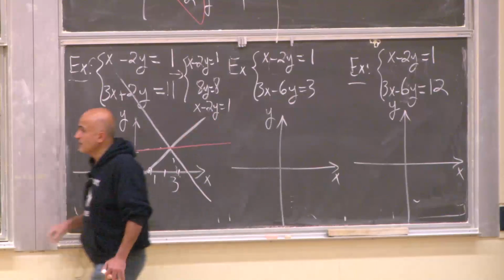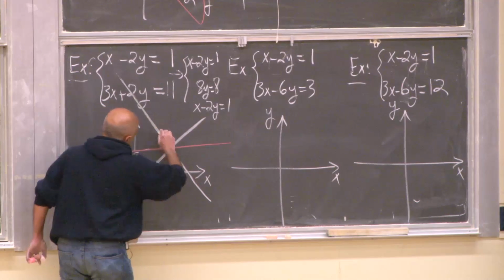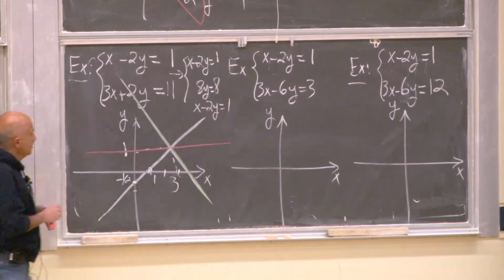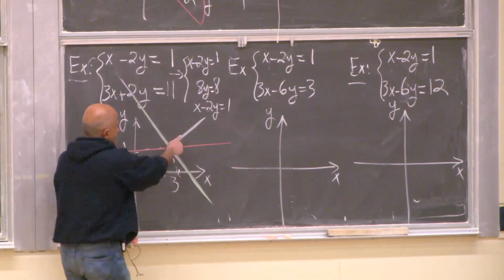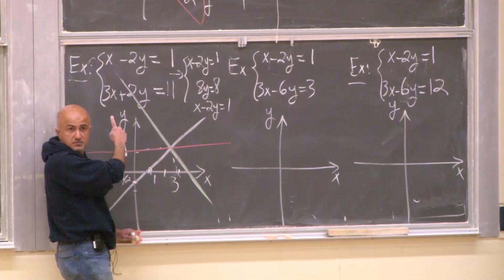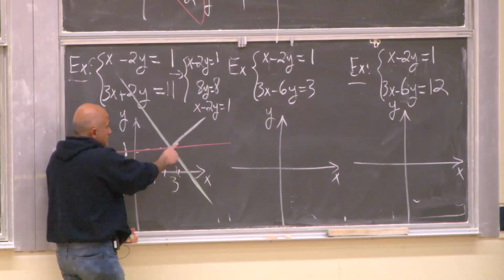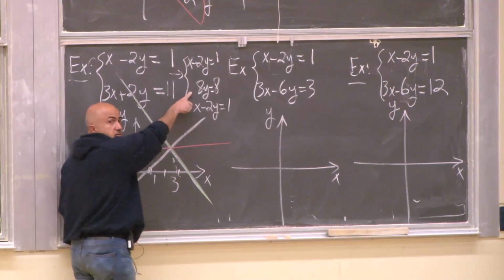Maybe I should use a different color for each of these lines. So let's use green for this one. Okay? So the solution is at the intersection of the white and the green, which is the original set of equations, or the white and the red, which is the upper triangular form equations. Those two solutions should not be different.